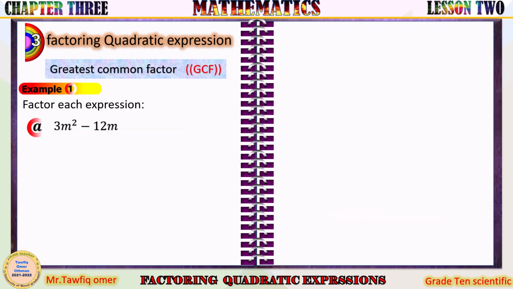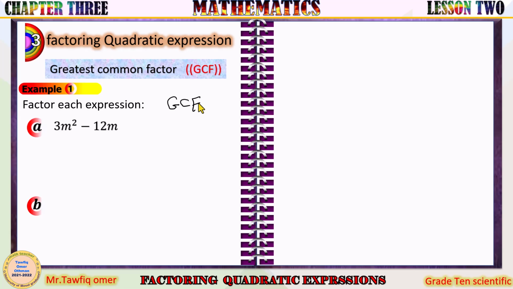Factoring quadratic expressions. The first way to factor is the greatest common factor. Example number 1, factor each expression. A, 3m squared minus 12m. First of all, we must find the greatest common factor.